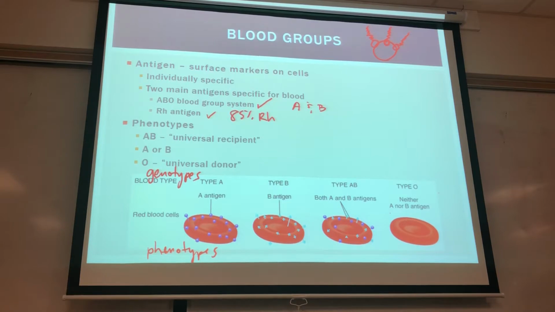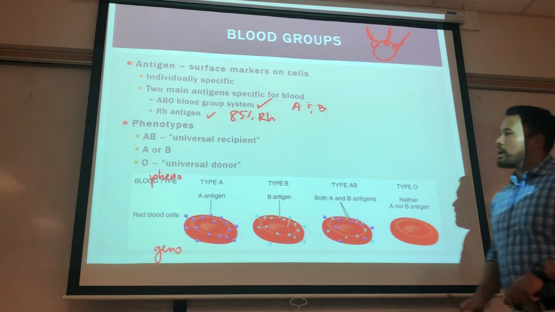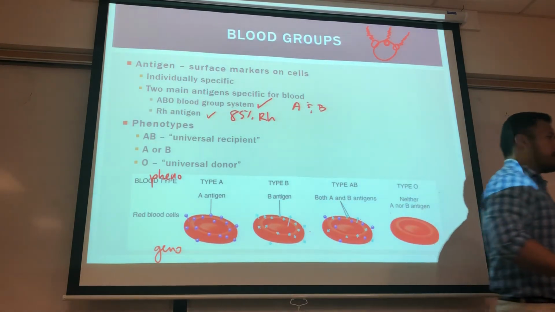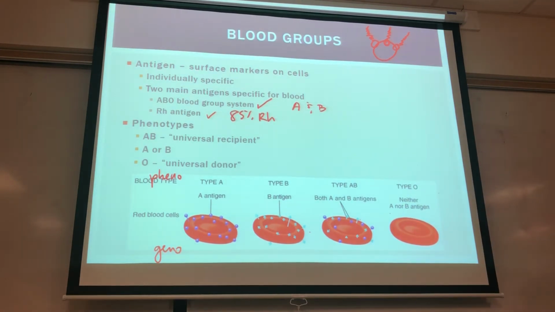So with that, here you can see our genotypes. Let me write this somewhere else. Genotype down here, and our phenotype over here. The genotype means what alleles you carry, for someone who would be type A, type B, type AB, or type O. That's the expressed phenotype.